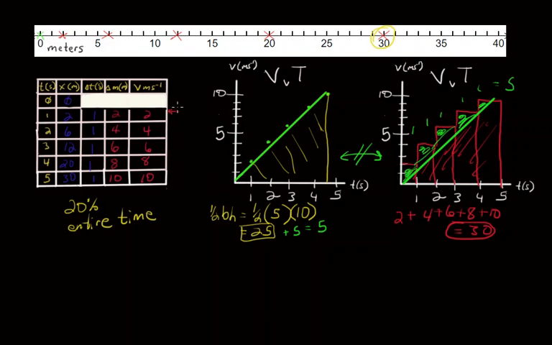Either take the entire thing and find the average velocity for the entire trip, 30 divided by 5, which is 6, and use that as the average velocity and just make it constant, and that way we have 5 times 6 equals 30, of course.